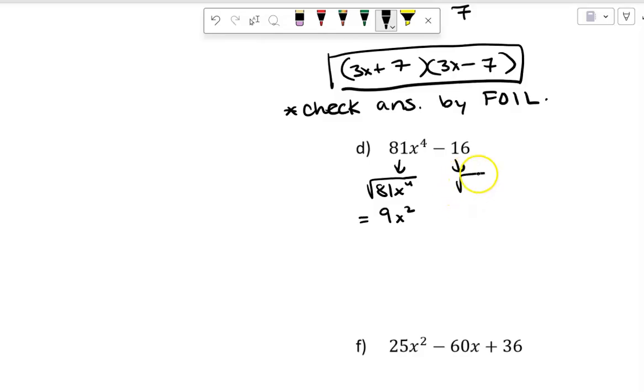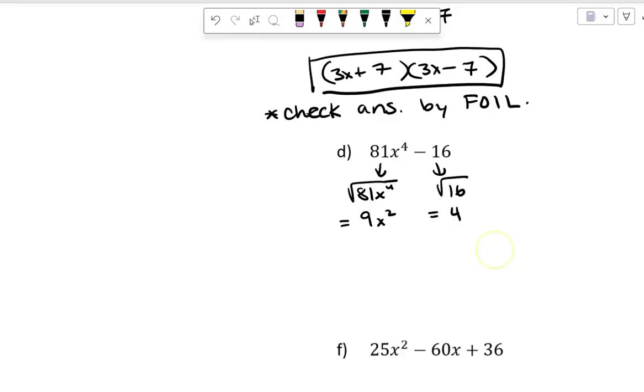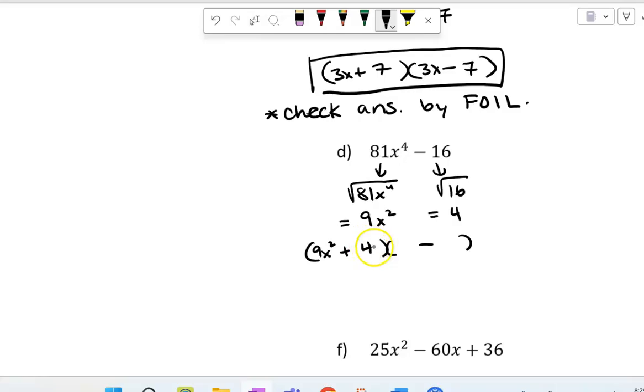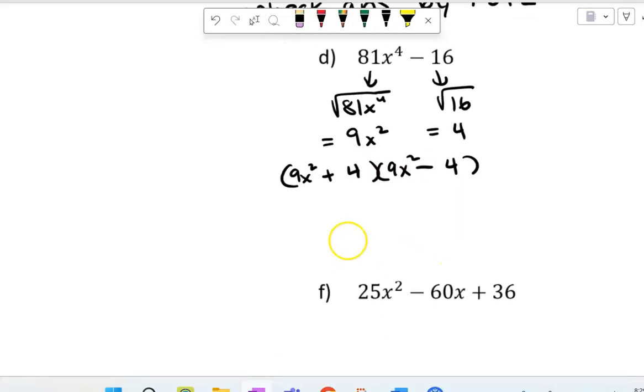And the square root of 16 is 4. So the pattern that we're going to be using is our difference of squares pattern. One gets a plus, one gets a minus. 9x squared and 4 go in each factor, keeping them in their same order.